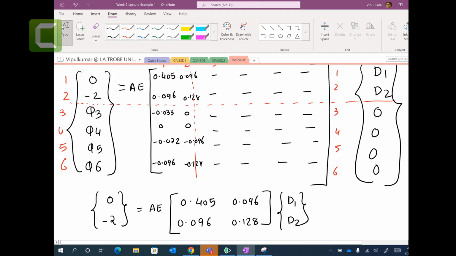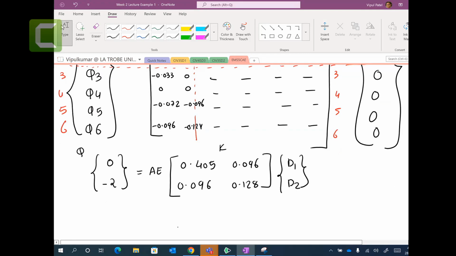I just extracted the top part of Q, only Q1 and Q2, that is the 2 by 2 matrix respectively. That is K, and that is your D1 and D2. We can see now you have two equations and two unknowns. Right? So far so good.